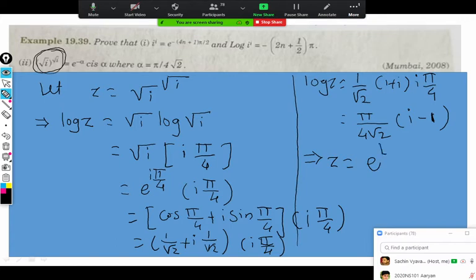See here what I am writing in the bracket: pi by 4 root 2 iota minus pi by 4 root 2. Okay, so just taking antilog on both sides. This log z becomes z and this becomes e raised to whatever the RHS.